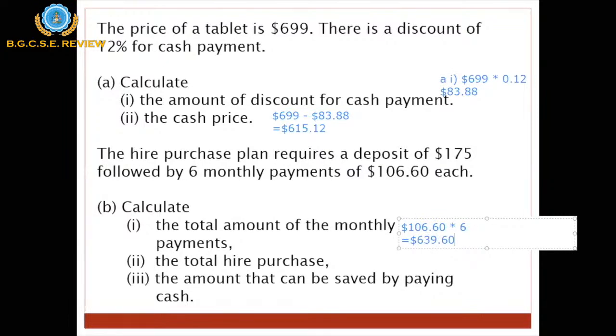So the next part of the question asks me to find the total hire purchase price. I know that hire purchase up to this point is going to be the deposit plus the monthly payments, so I can work that part out also.